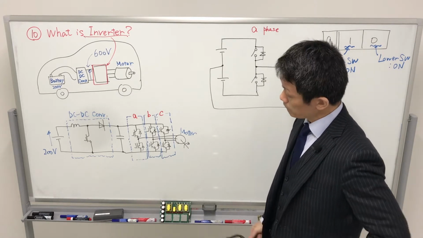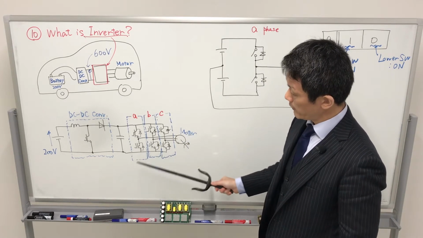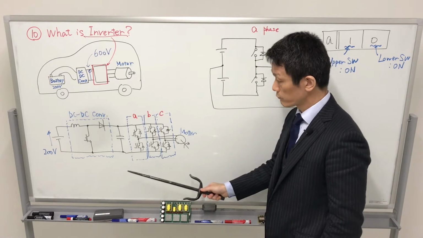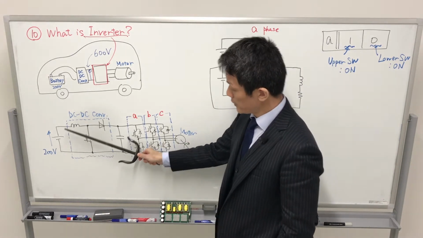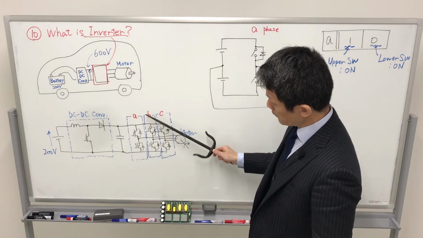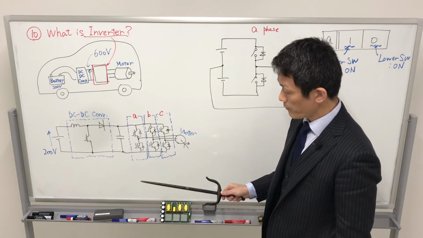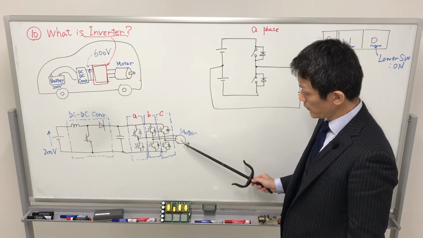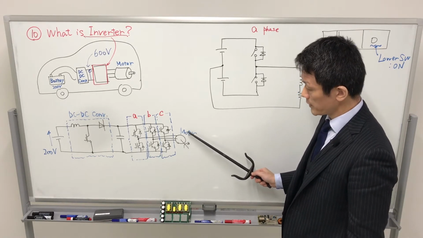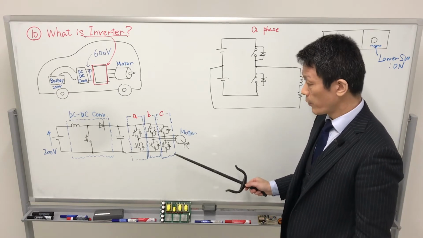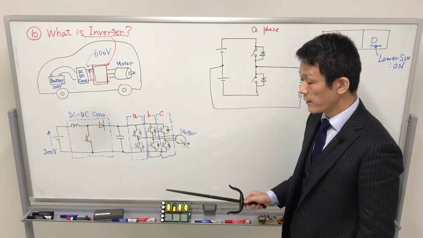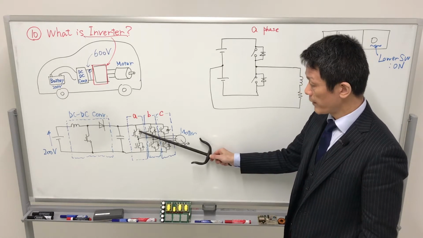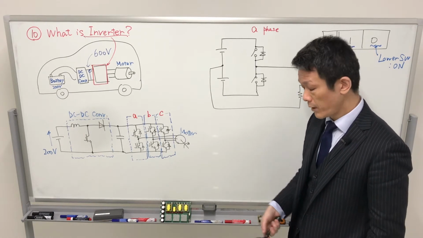And the complete equivalent circuit is indicated here. Battery side, DC-DC converter, and here is the inverter. In case of three-phase motor driving, we call this the three-phase inverter. Three-phase means one phase, two phase, three phase.